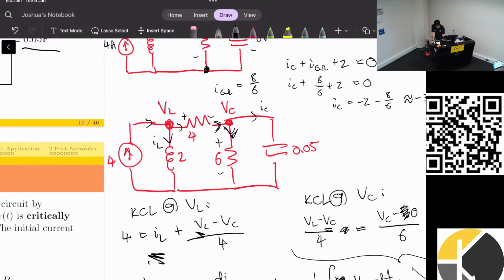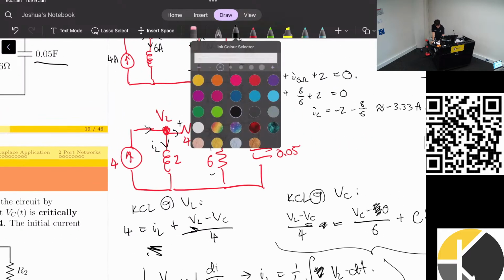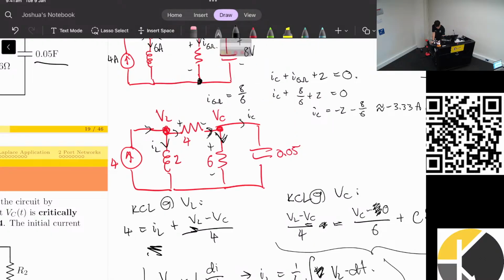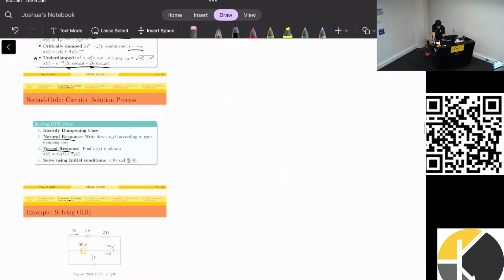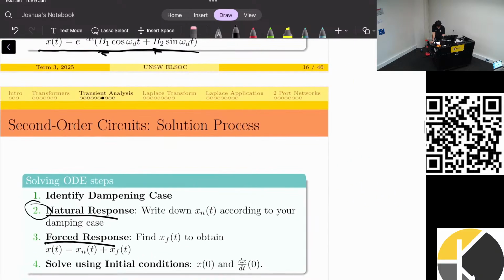If I look at this circuit, as t approaches infinity, this inductor is going to become a short circuit. So all of the current is going to just flow in this loop. That means our capacitor over here is not going to get any current at all. So there's not going to be any sort of forced response, and it's going to decay to 0. So in this case, we have a natural response.